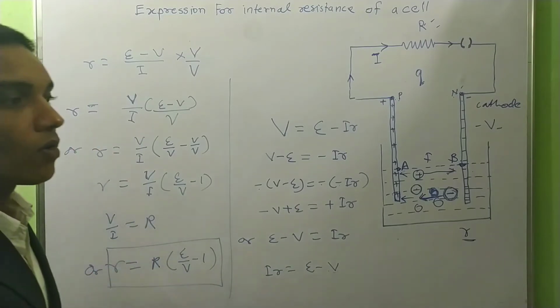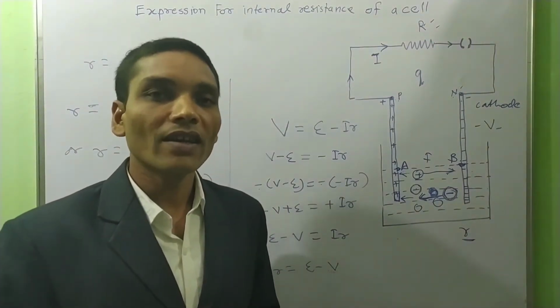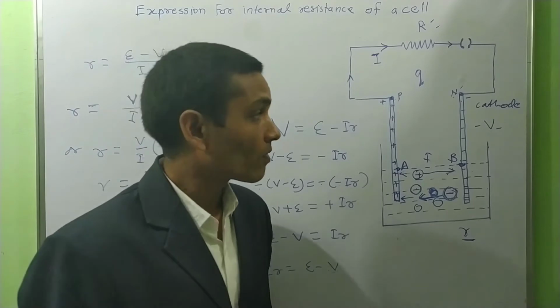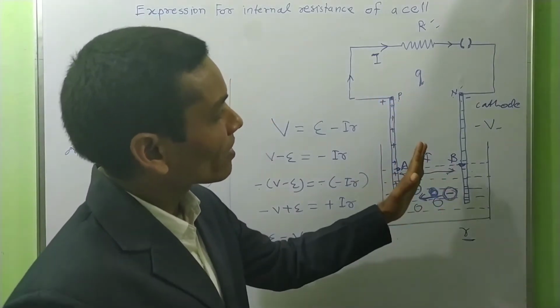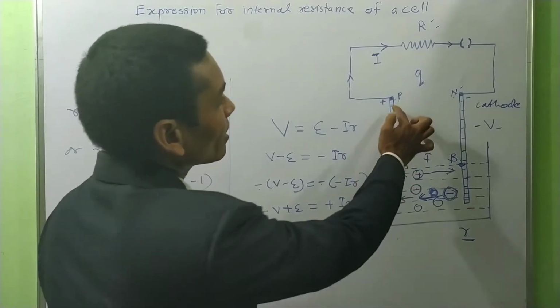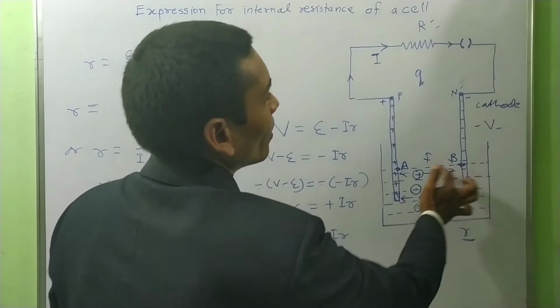Now we have to discuss the factors affecting the internal resistance of a cell. You can see in this diagram, these are the electrodes of the cell and this is the electrolyte.